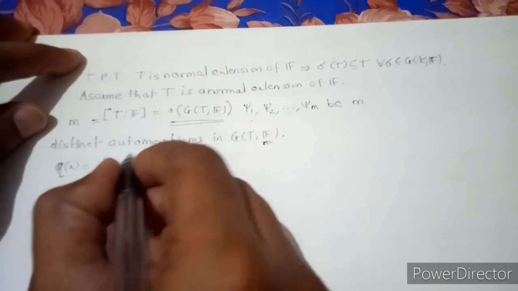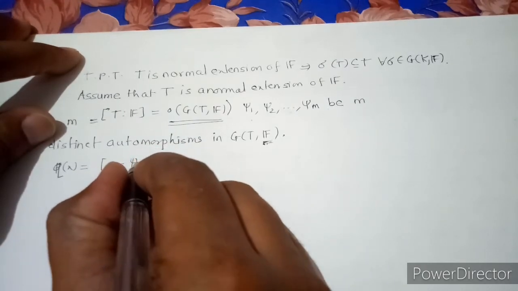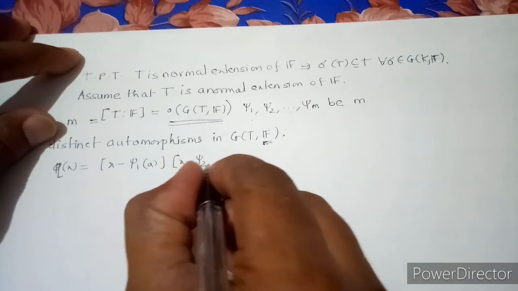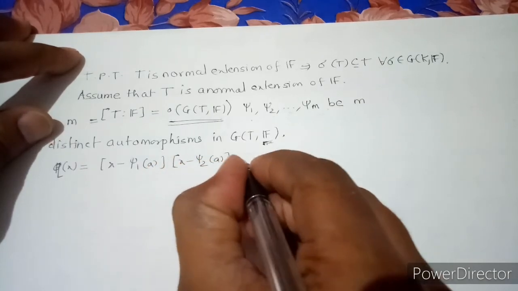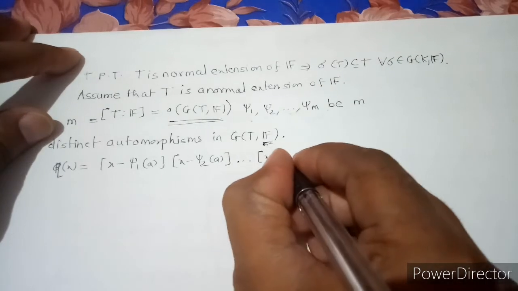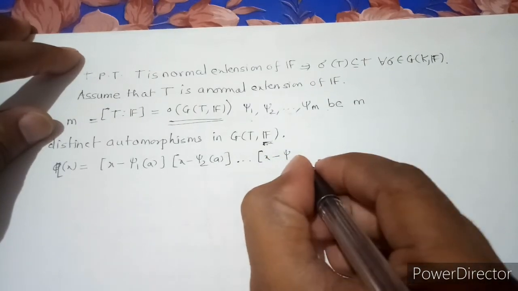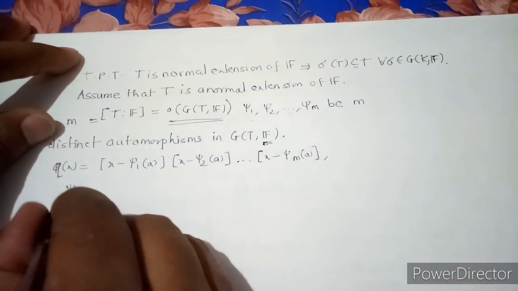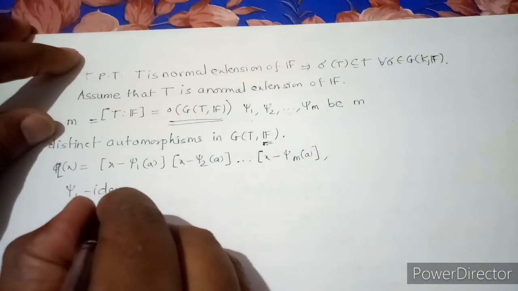Instead of P of x we will take q of x as x minus psi 1 of a, x minus psi 2 of a, and so on, x minus psi m of a, where psi 1 is the identity map.